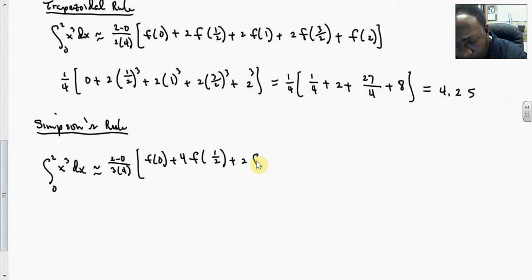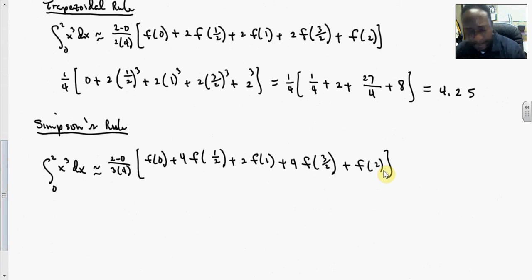Plus 2 times f of 1 plus 4 times f of 3/2, and then plus f of 2. And so here we get 2 over 12, or just 1/6, and f of x is x to the third.